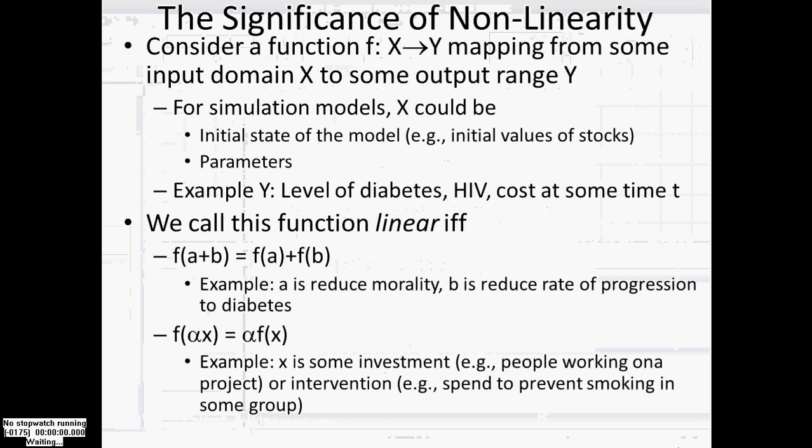And the characteristic is they are linear models, okay? When I talk about linearity here, I mean it in a quite particular sense. We talk about linearity of a function in mathematical terms if we have certain properties observed.